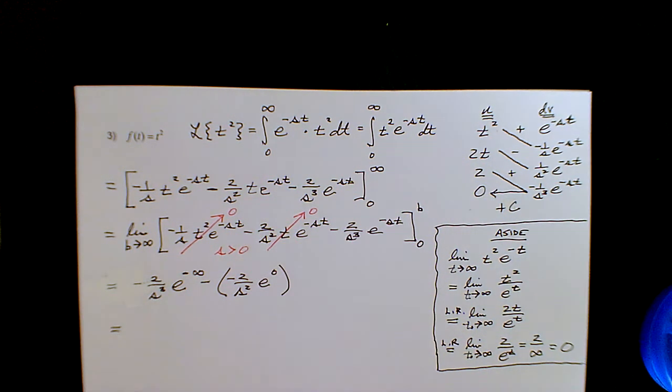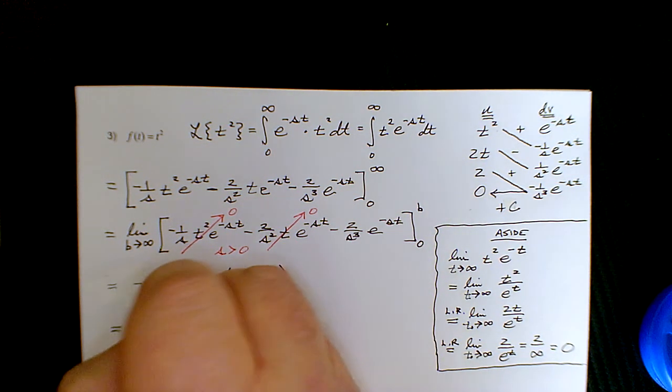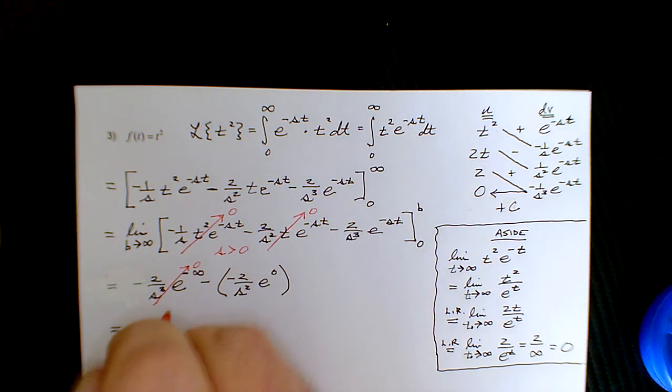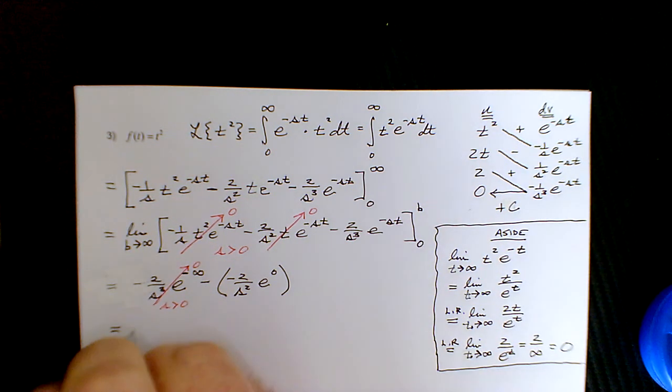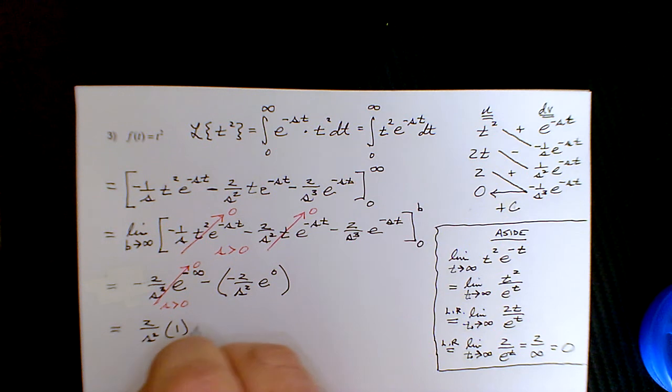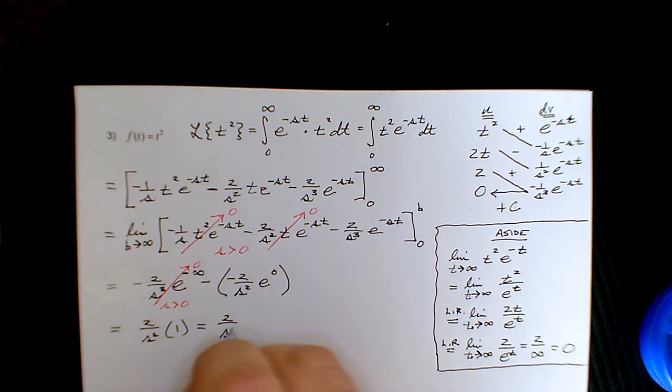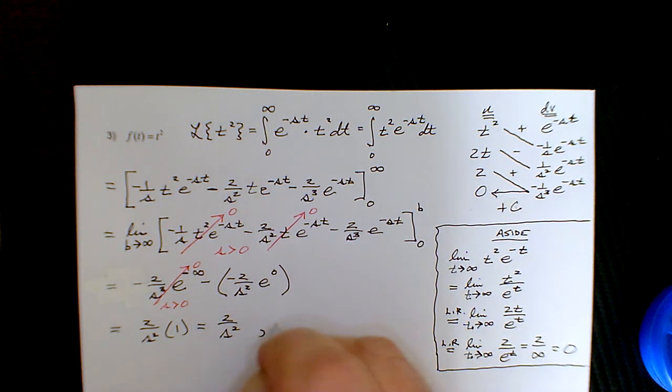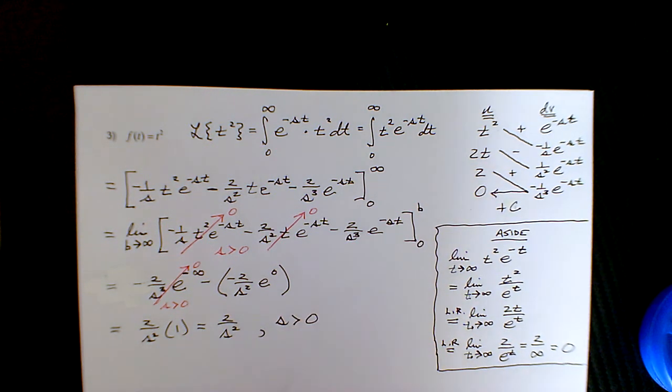And so this term as well is going to tend towards 0, provided that s is greater than 0. And then it just gives us 2 over s squared times 1, or 2 over s squared. And again, this is provided that s is greater than 0.